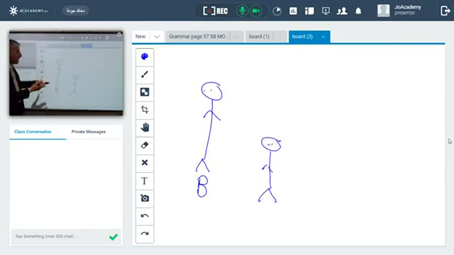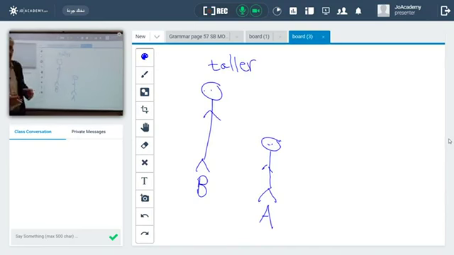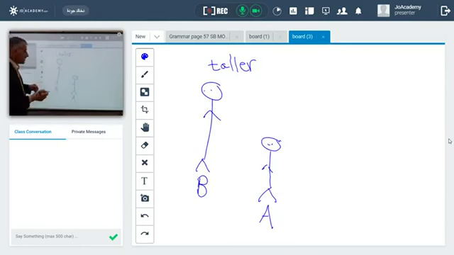So if I want to compare between A and B, I will say B is what? B is, between the two, this is taller. This is tall. So we say he is taller. So here we are making a kind of comparing between two persons. So if I say B is taller than A, that means he is taller than him.